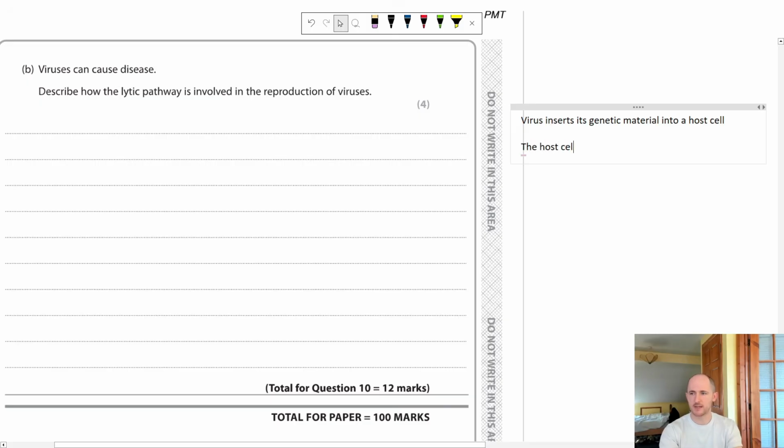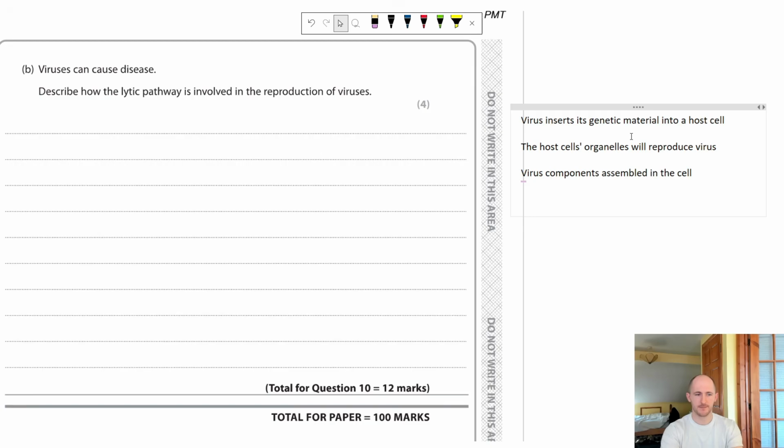The host cell's organelles will reproduce the virus, basically. The virus components are assembled in the cell. And the cell lyses.